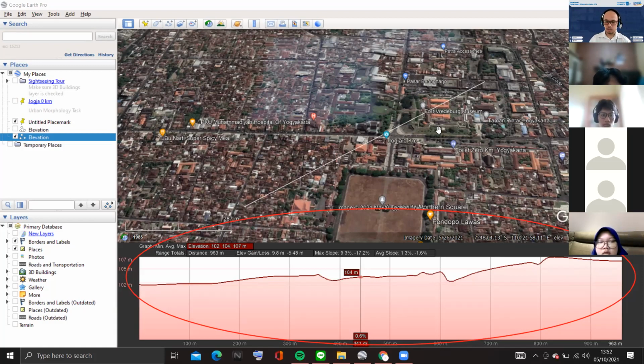So you can use this topographic data to help your explanation and understand your area a bit better. But you don't really have to construct a topographic profile. As I said, it is an optional thing.